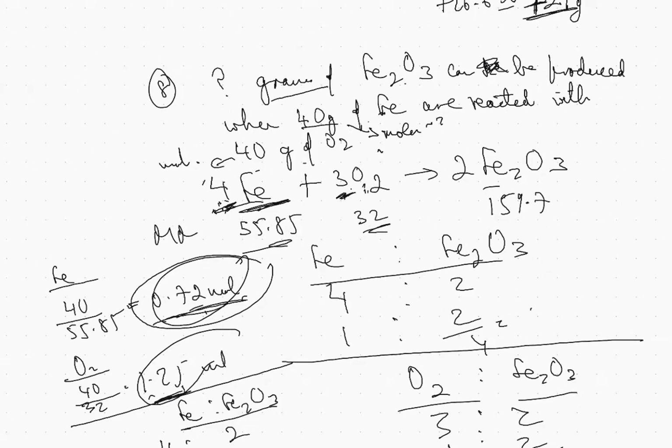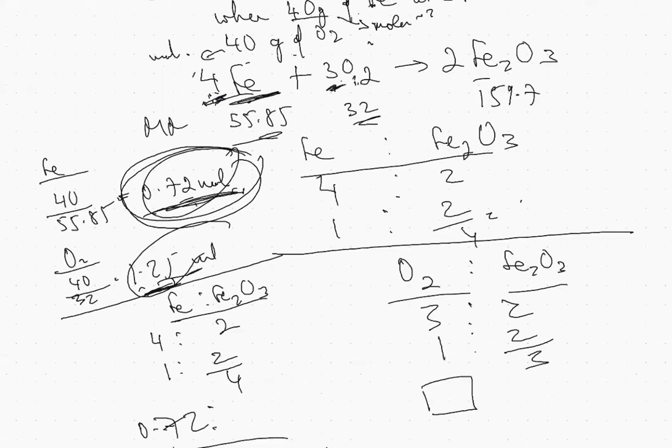So we take the limiting one and make our calculation, where iron, 4 would give 2, 1 would give 2/4. We know the entire 0.72 reacts while oxygen is left, so we have to gauge our ratio according to the one that reacts completely. 0.72 would give 2 divided by 4 times 0.72 moles.